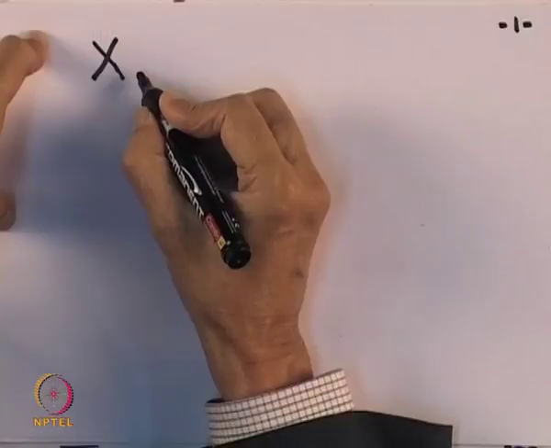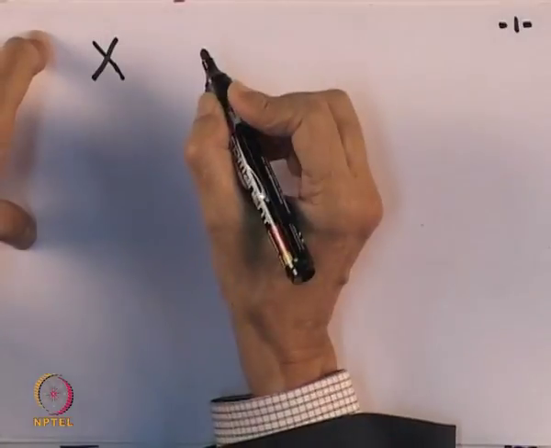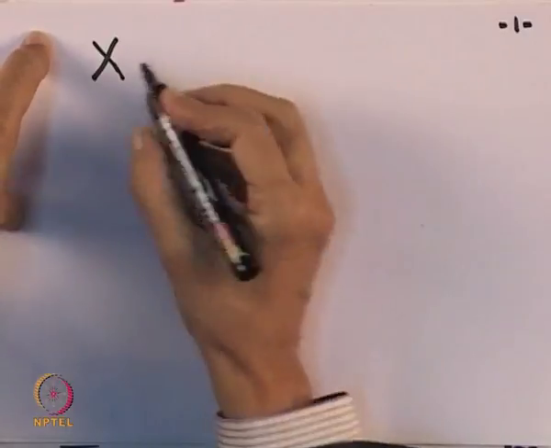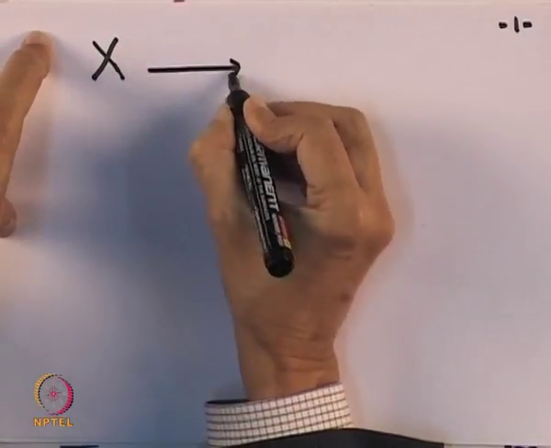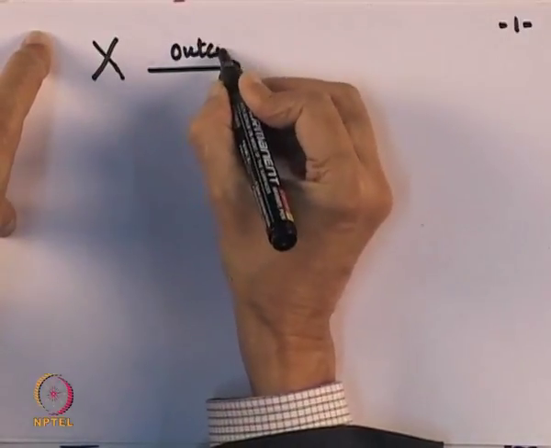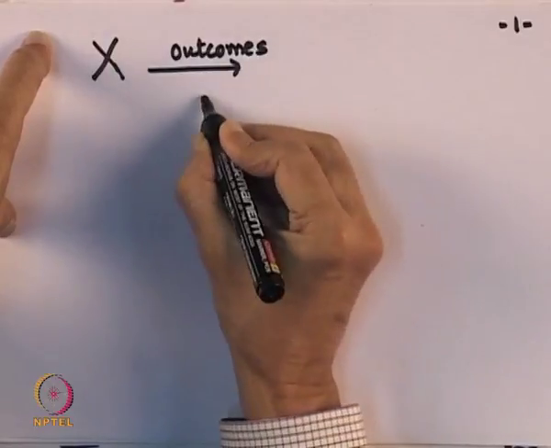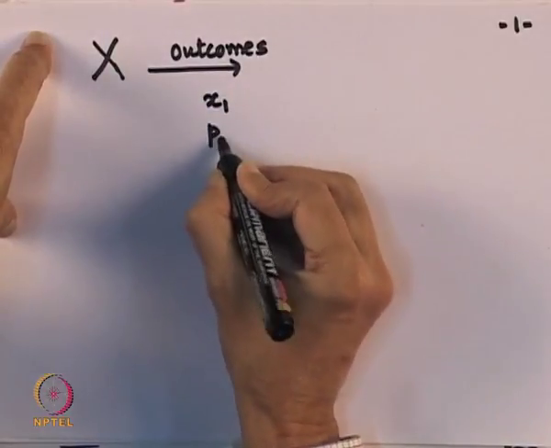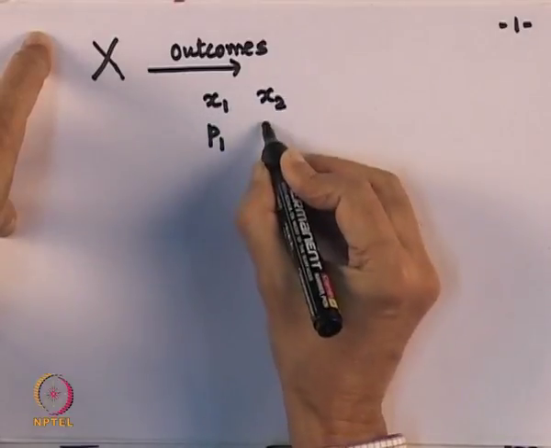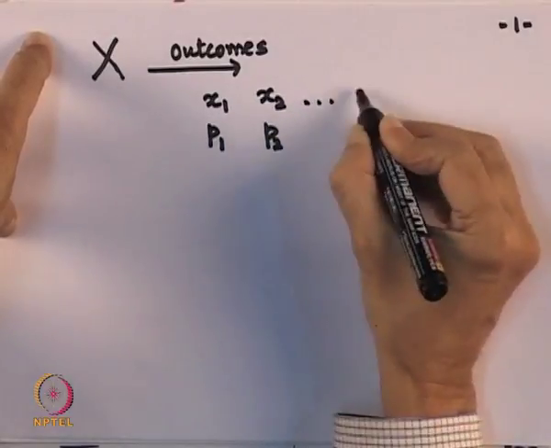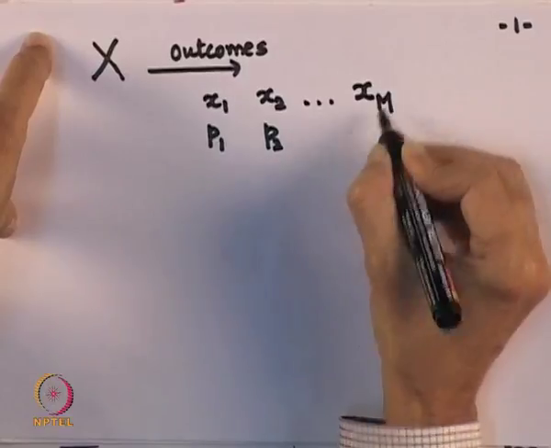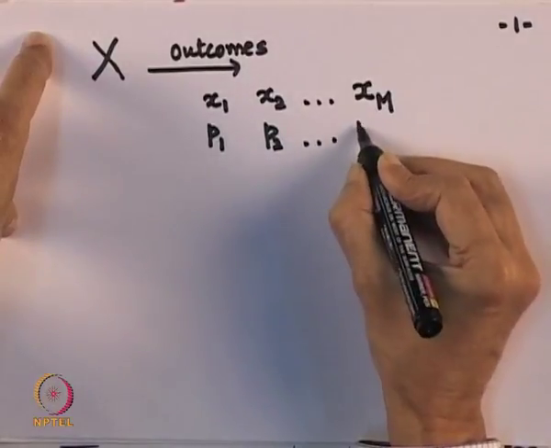So we talk about a random variable X corresponding to physical processes which have possible outcomes, which I will write as x1, which occurs with the probability p1, x2 which occurs with the probability p2, etc. And let's suppose there are m events, xm occurs with the probability pm.